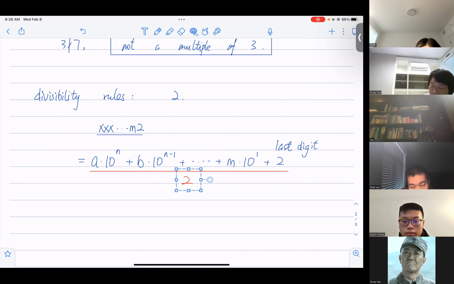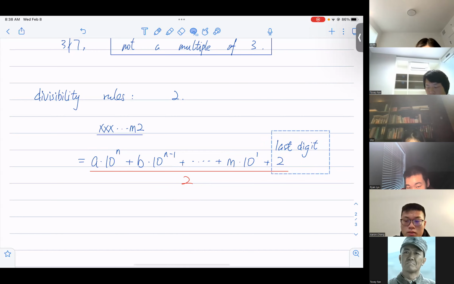So the only thing you need to check is whether or not the last digit can be divided by 2. If the last digit can be divided by 2, then this whole number can be divided by 2, right? If the last digit cannot be divided by 2, then the whole number cannot be divided by 2. That's why we call them even numbers, right? Even numbers can be divided by 2. You just need to check the last digit.